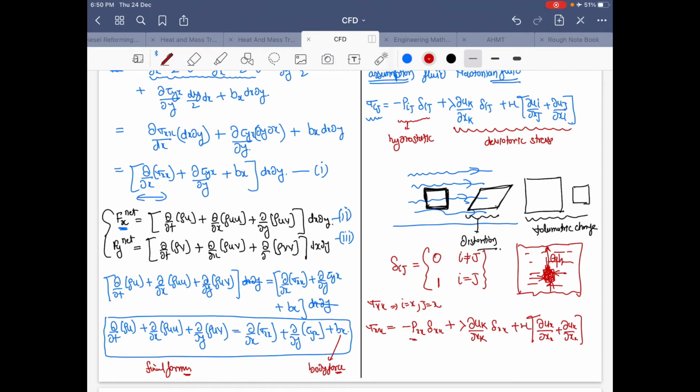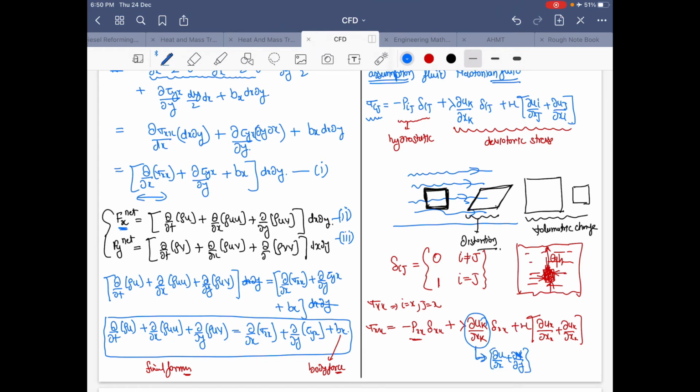Basically x means x direction, so this is a force in the x direction, and this term, del u_k by del x_k, represents del u by del x plus del v by del y.